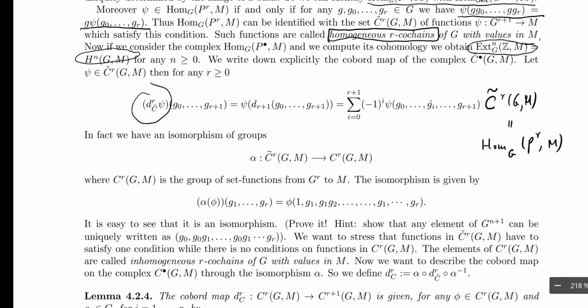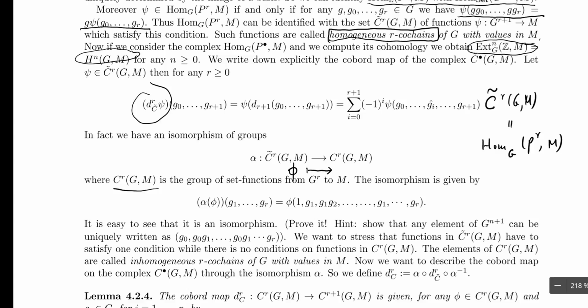In fact, we have an isomorphism of groups, where the C^R without twiddle is the group of set functions from G^R to M. The isomorphism is given by, so R by the isomorphism, we have any element fixing G. How do I send it to a set function from G^R to M?